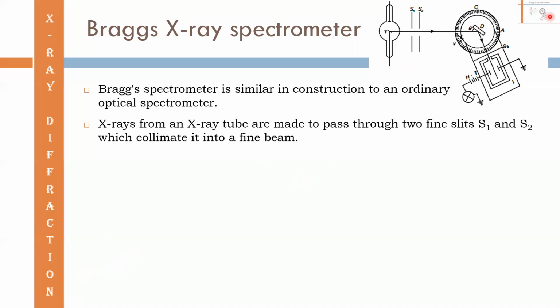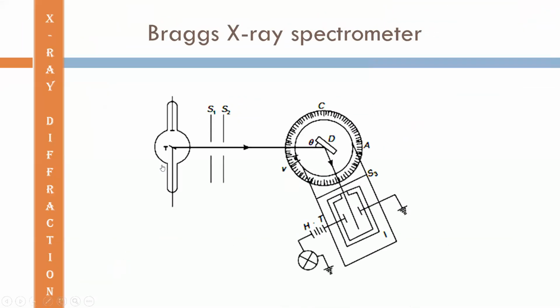First, look at the figure. Here, it is an X-ray tube. There are two slits used as collimators.